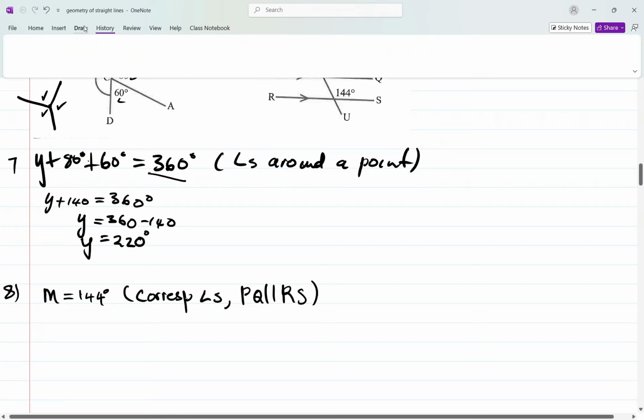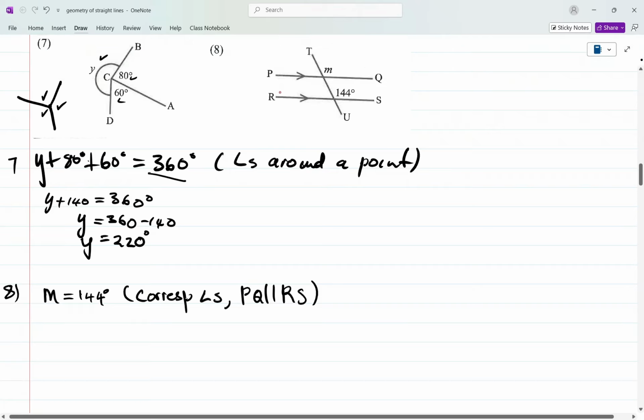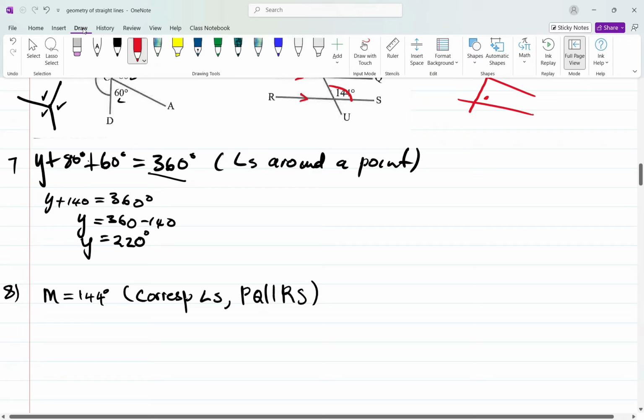The reason why I'm saying corresponding angle is that PQ is parallel to RS. Therefore, this angle here, which is m, will be the same as this angle, which is 144, because they are producing an F shape like this. This one will be the same as this one. Hopefully, you guys still remember that from our previous video.